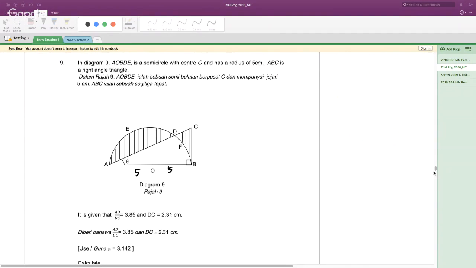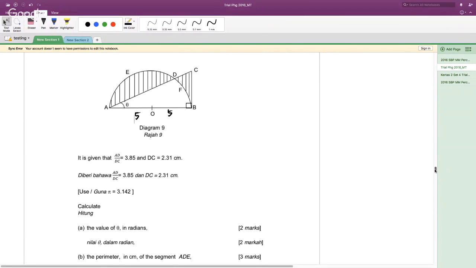I couldn't scroll here, anyway, doesn't matter. We are going to use ratio here. The question tells me AD over DC equals 3.85, so I add a 1 at the bottom because this is a ratio. The second piece of information says DC equals 2.31. Here DC equals 1.